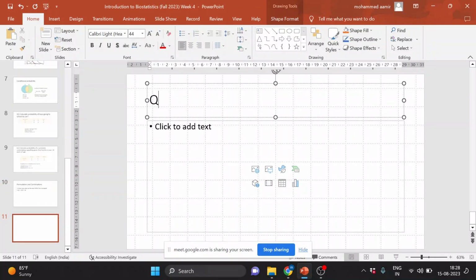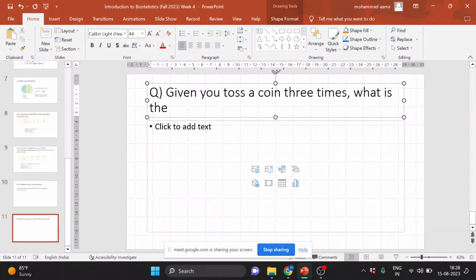So question: given you toss a coin three times, what is the probability that you get head at least once?